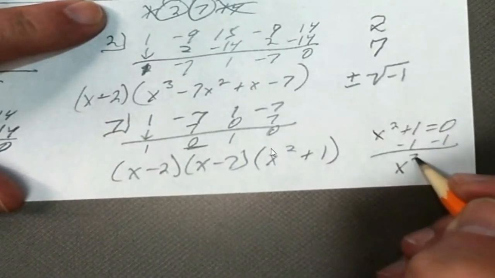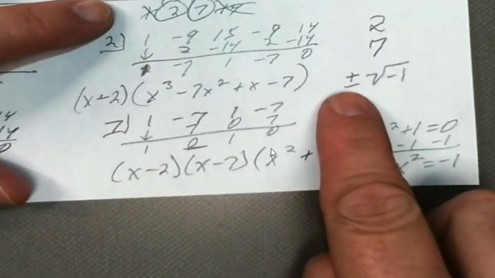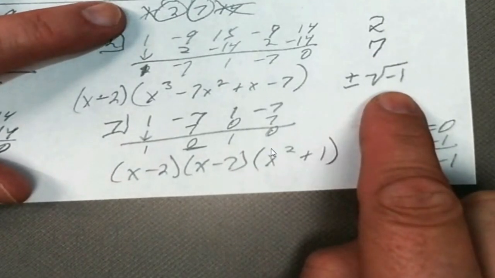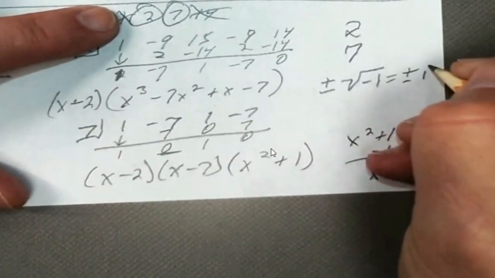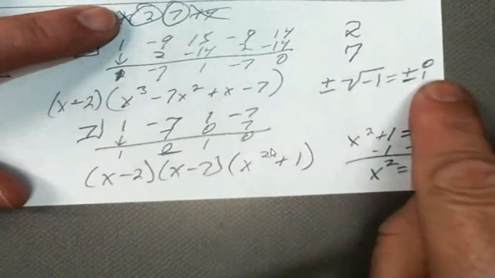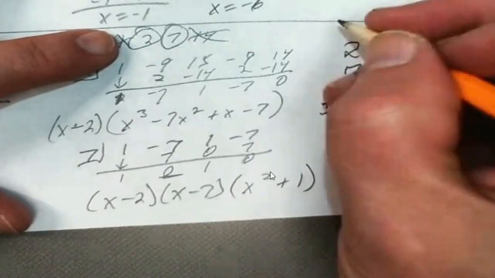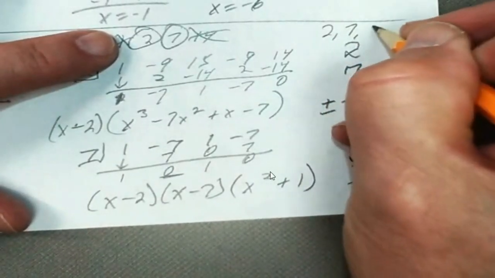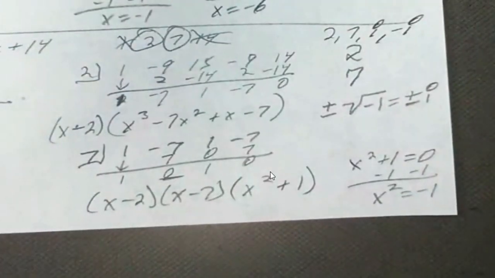You get x squared equals negative 1. So x will be the square root of negative 1, which is the same thing as plus or minus i. Remember, i equals the square root of negative 1. So that's our 4 solutions: 2, 7, i, and negative i. 2 imaginary solutions, 2 real solutions.